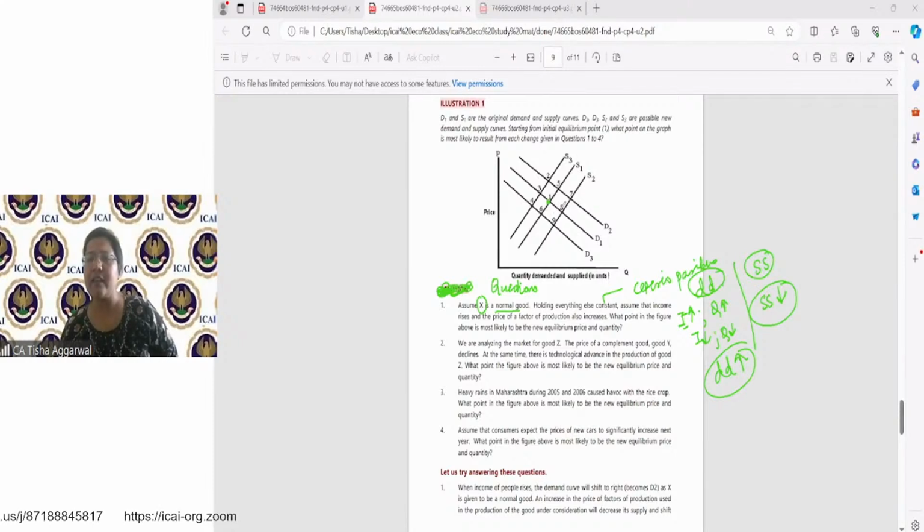Now they say that the demand increases, so the demand shifts to D2 and the supply reduces, supply becomes S3. D2 and S3, they're intersecting at which point? Where are D2 and S3 intersecting? Come on, in the chat box. Where is D2 and S3 intersecting? Come on.